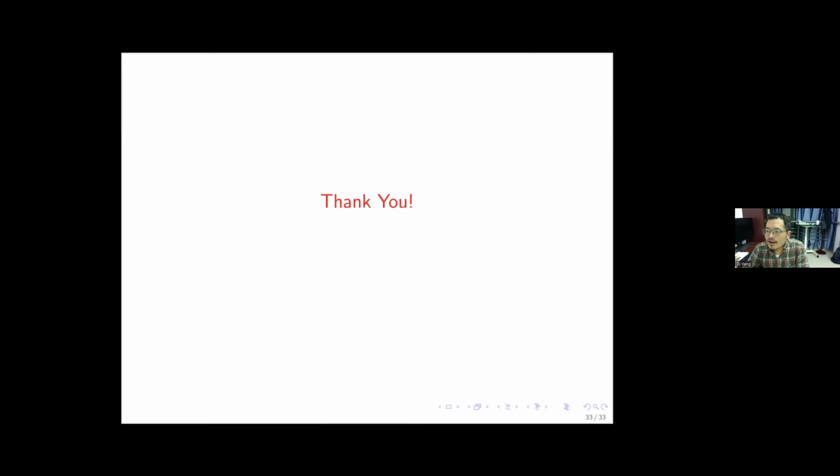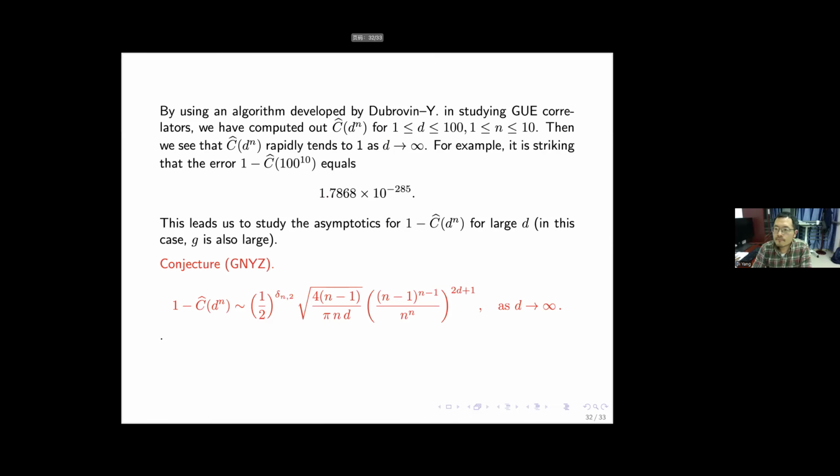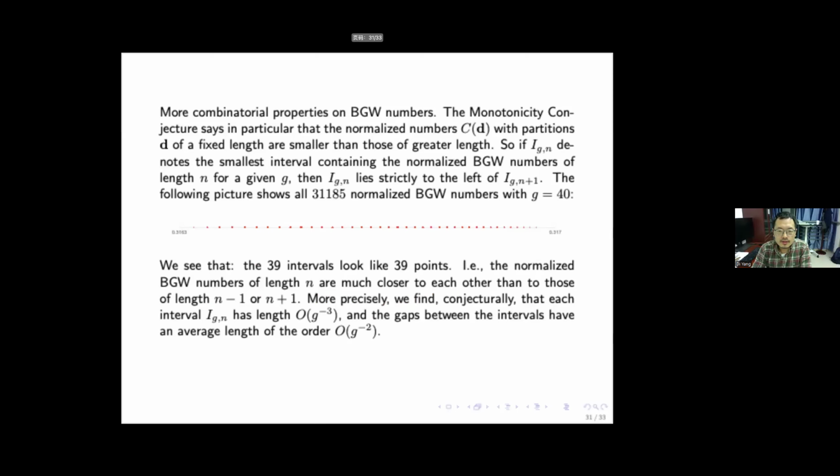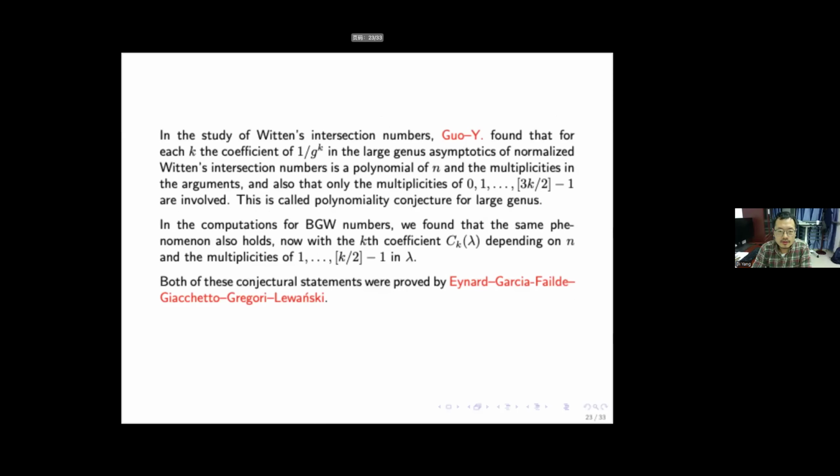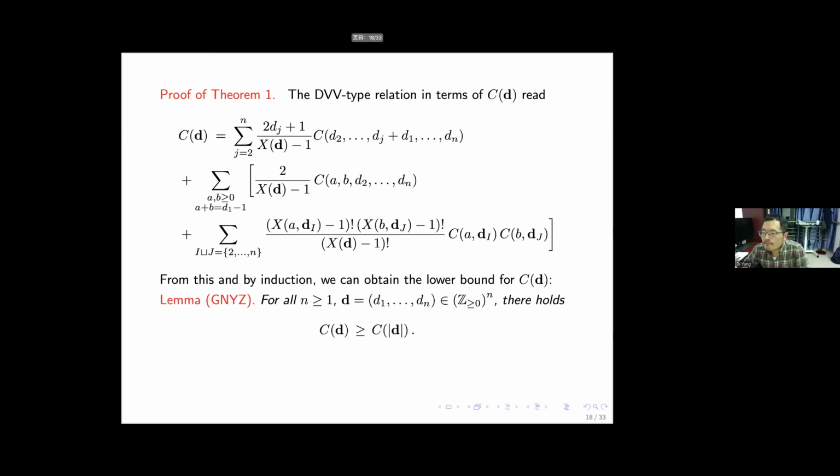The first one is the following. I have seen the following observation. You mentioned DVV type relations which are quadratic. This relation has linear terms on the first two lines and the quadratic term on the last line.